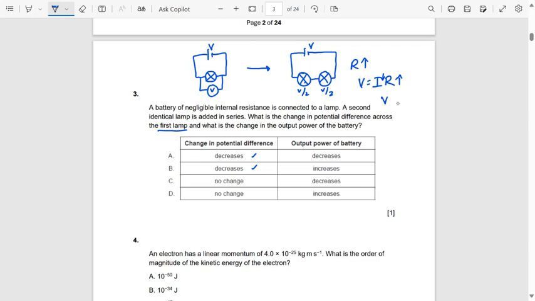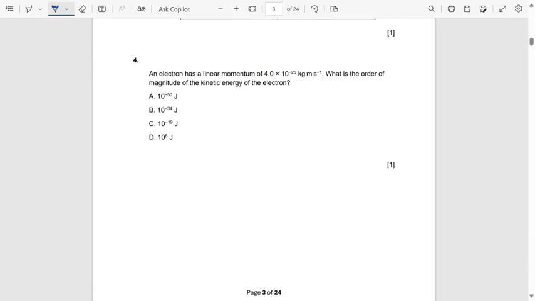So if we know the voltage and the current, the voltage is fixed, but the current has decreased. We can multiply those together to give a power output of the battery, and that has decreased. So question 3, the answer is A.